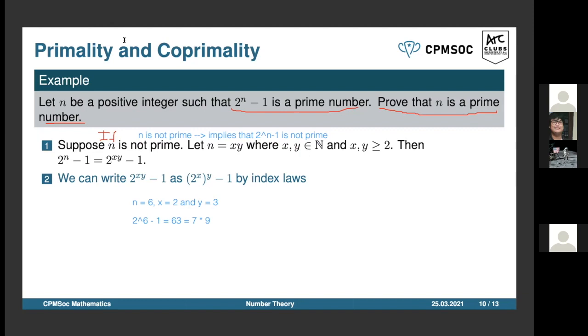Now if we examine the number 7, it turns out that 7 is equal to 2 cubed minus 1. So 7 is 1 less than a power of 2, which is pretty interesting.